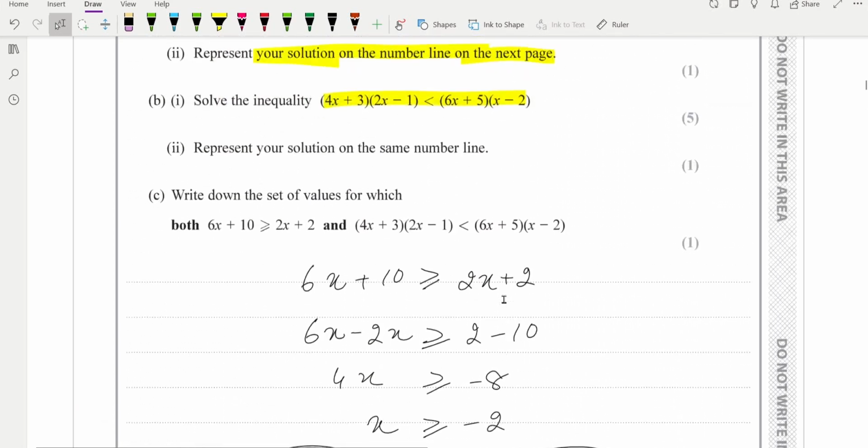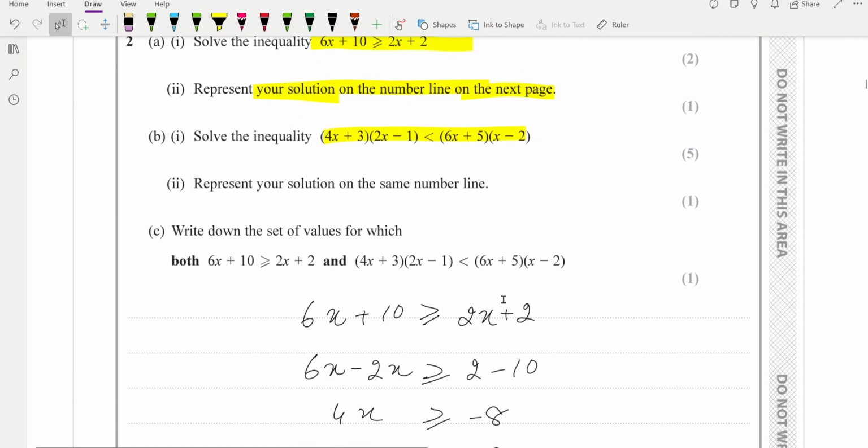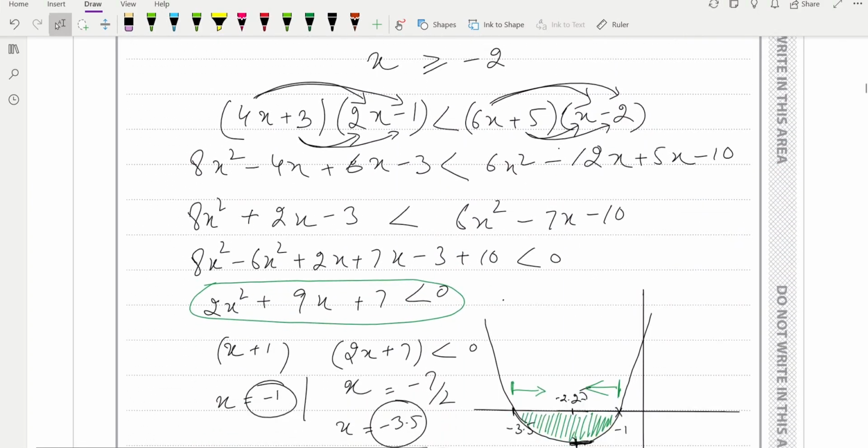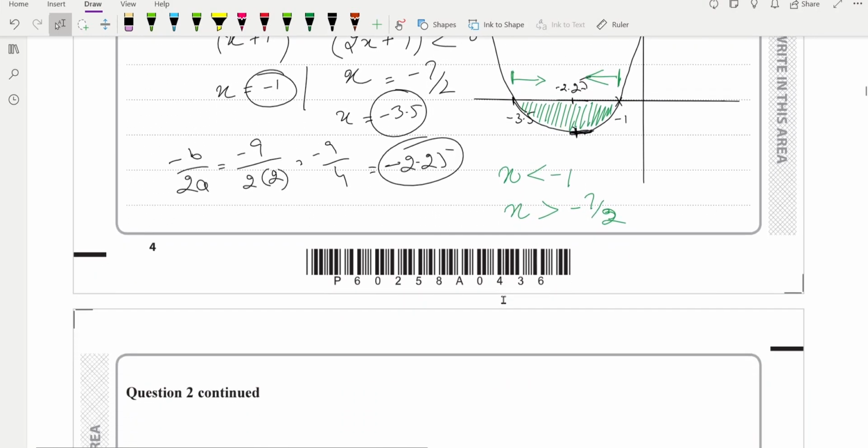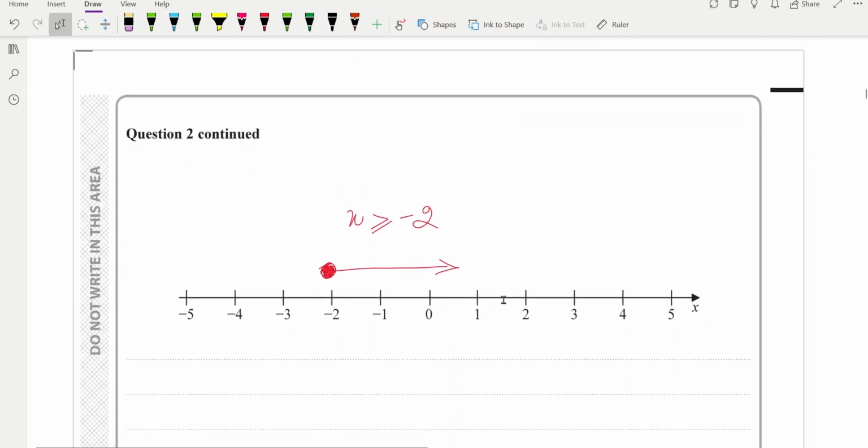Now next part, represent your solution on the same number line. So we have to show on the same number line x is less than minus 1. Less than minus 1 means our circle will be over here.